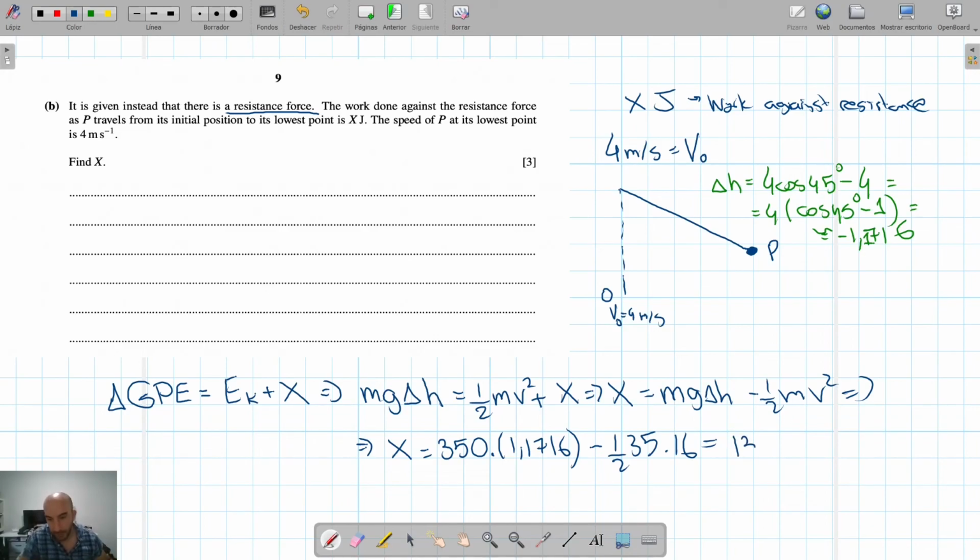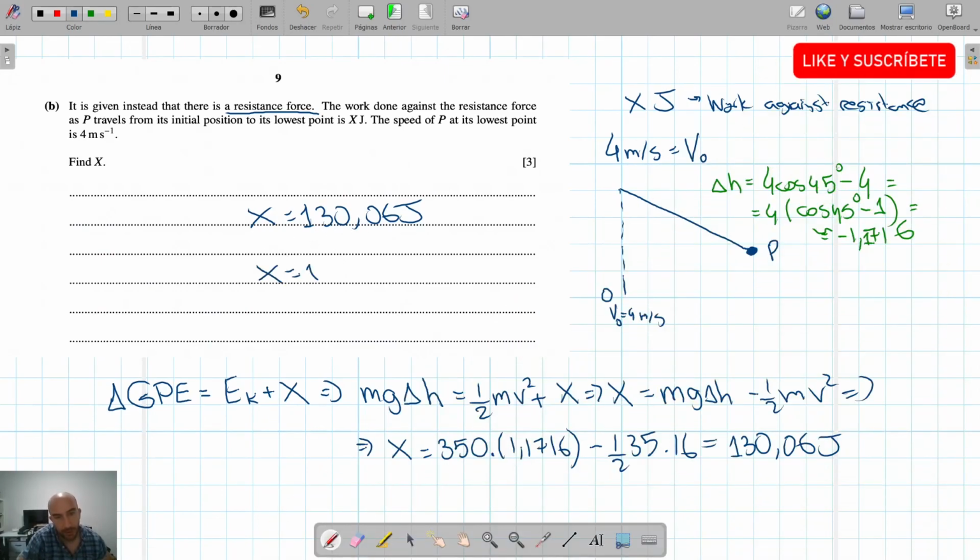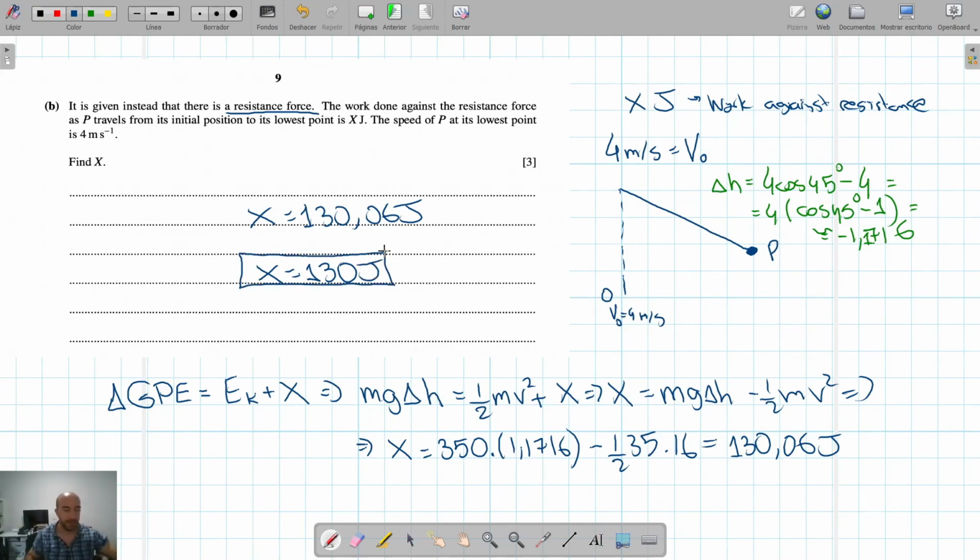So that's 130.06 joules. So finally, X equals 130.06 joules, which if we approximate to three significant figures, we get X equals 130 joules. So that will be the answer for that exercise.